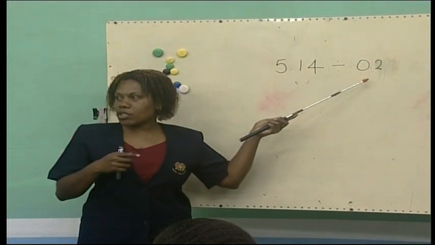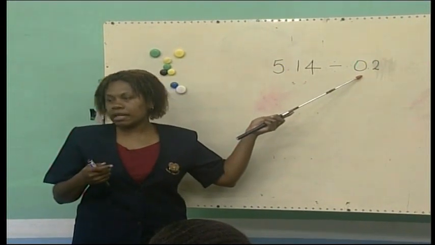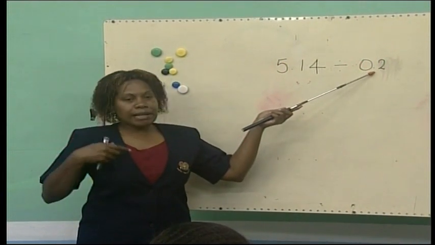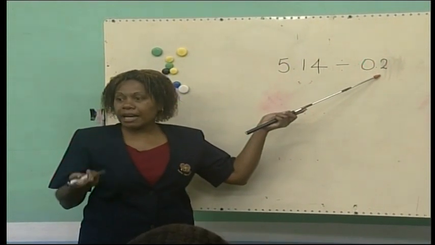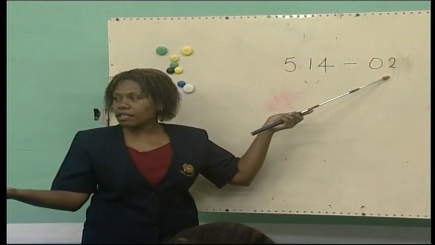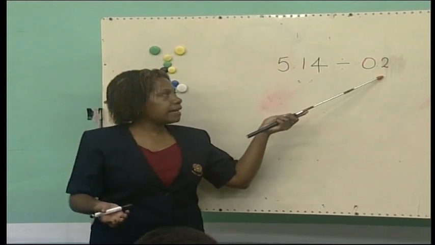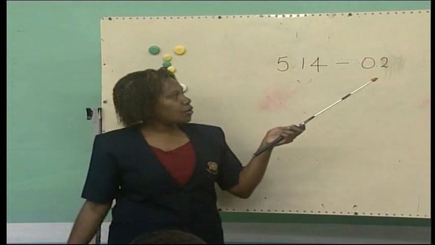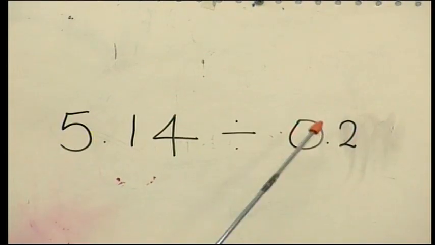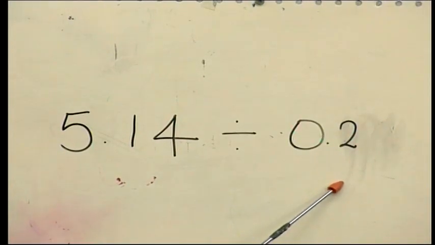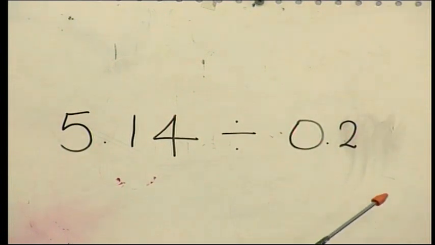Now, when you're going to change the divisor into a whole number, you are multiplying by 100, 10, 1,000? All right, multiplying by 10 because you have 1 decimal. Sorry, you are going to change 0.2 into a whole number, so you have to multiply by 10.